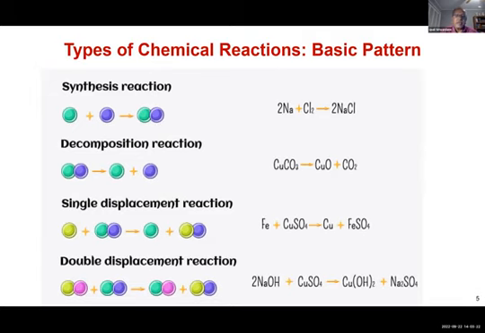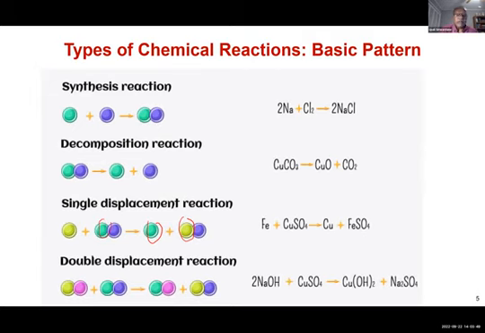Single displacement reaction: one element replaces another element, like this green ball being replaced with the yellow ball. Only one atom is replaced.